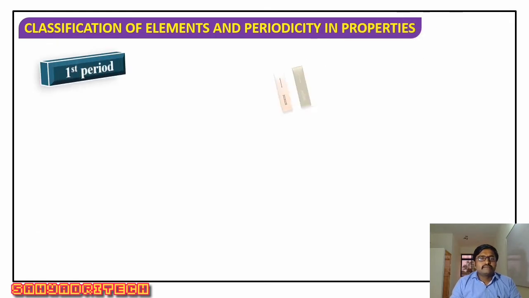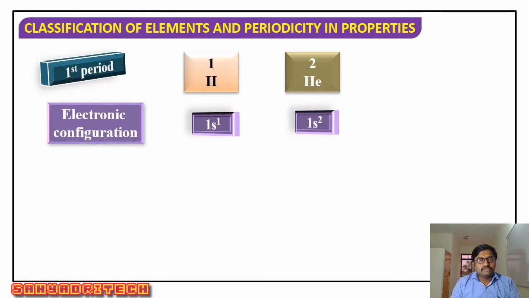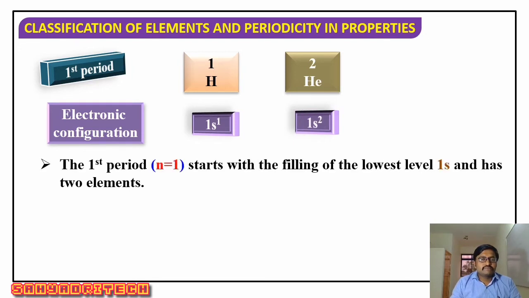Well, coming to the first period, which elements are there in the first period? Hydrogen and helium, these are the two elements. Now if I consider the electronic configuration, hydrogen is 1s1, helium 1s2. So the first period, n is equal to 1, means there is only one shell.